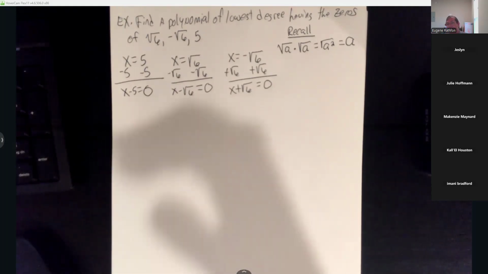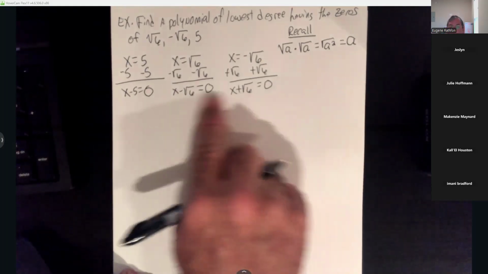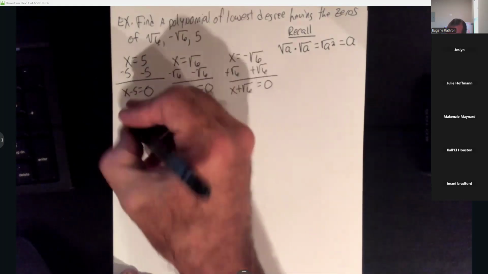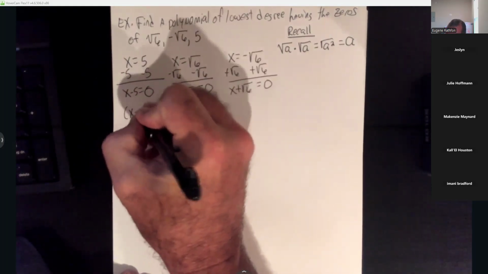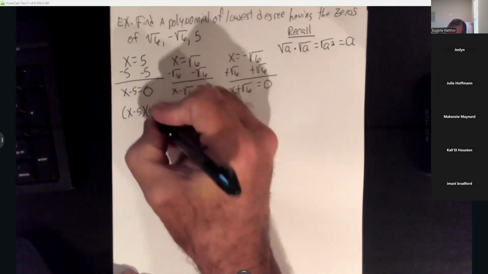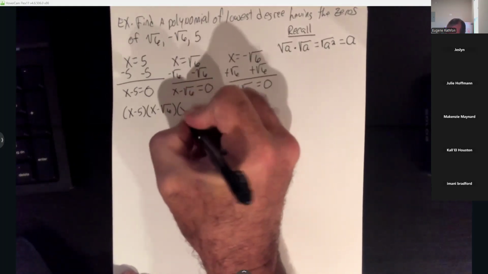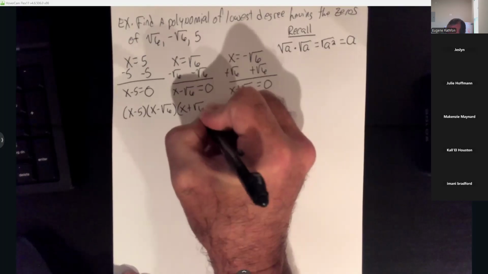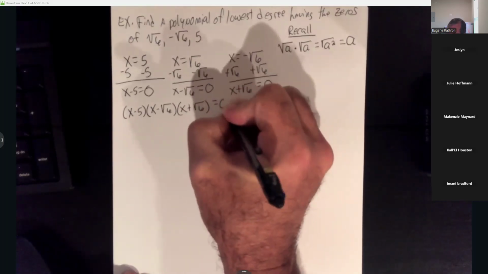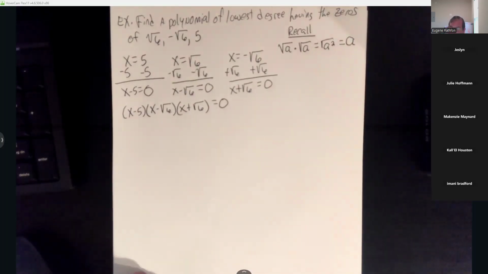And I'm still doing them in the same way. I got my 3 equations. I'm going to put them all in parentheses now. X minus 5, x minus square root of 6, x plus square root of 6, all equal to 0.